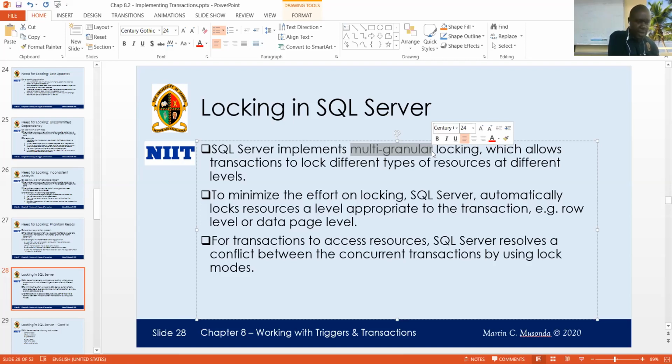We had looked at pages in SQL. I think it was on indexes. We said that in SQL Server, it deals with data and groups the data in form of pages.